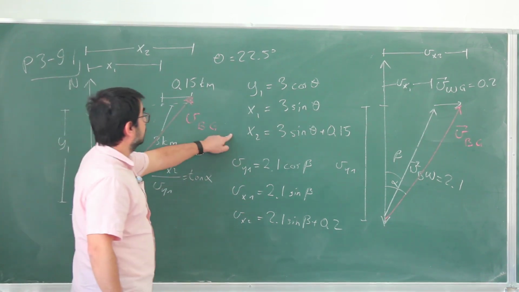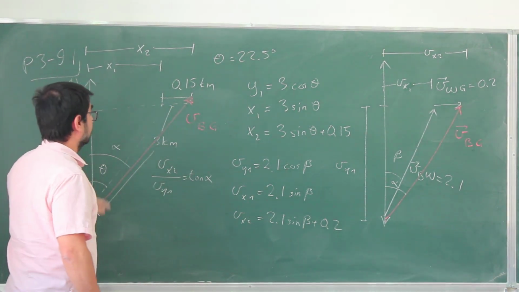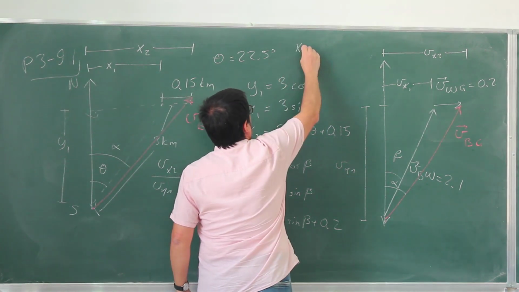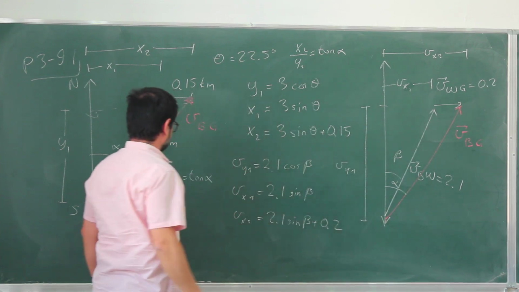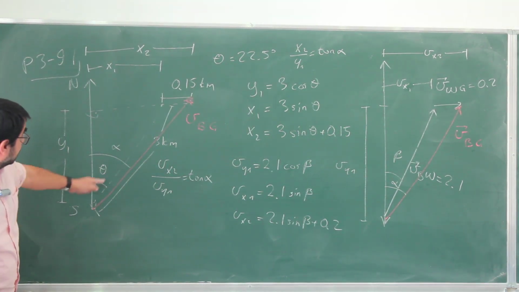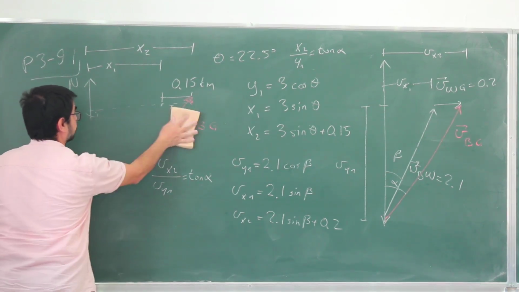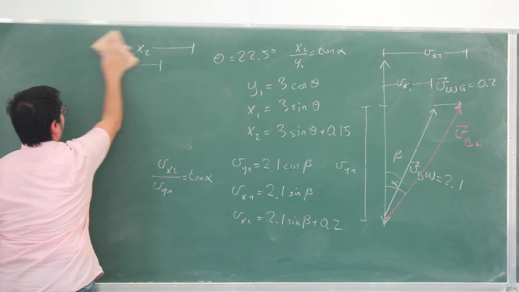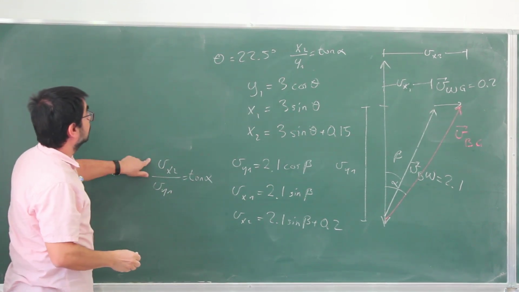Okay, and over here as well, we can say x2 divided by y1 is tangent alpha. So these are similar triangles. Now let's put them together. I kind of ran out of space, but I'm going to erase this. Hopefully it's not going to be needed anymore. Okay. But I have just one more step. I'll just set these two equal to each other.